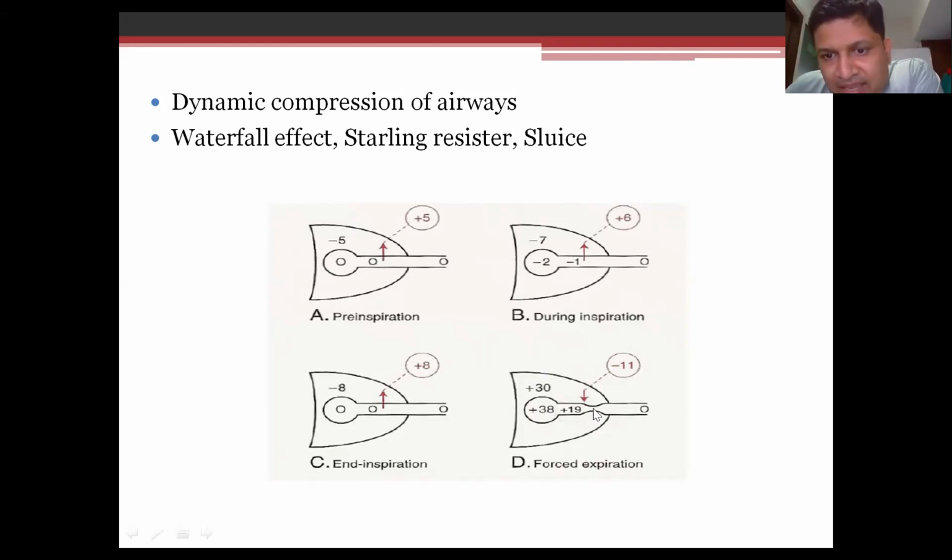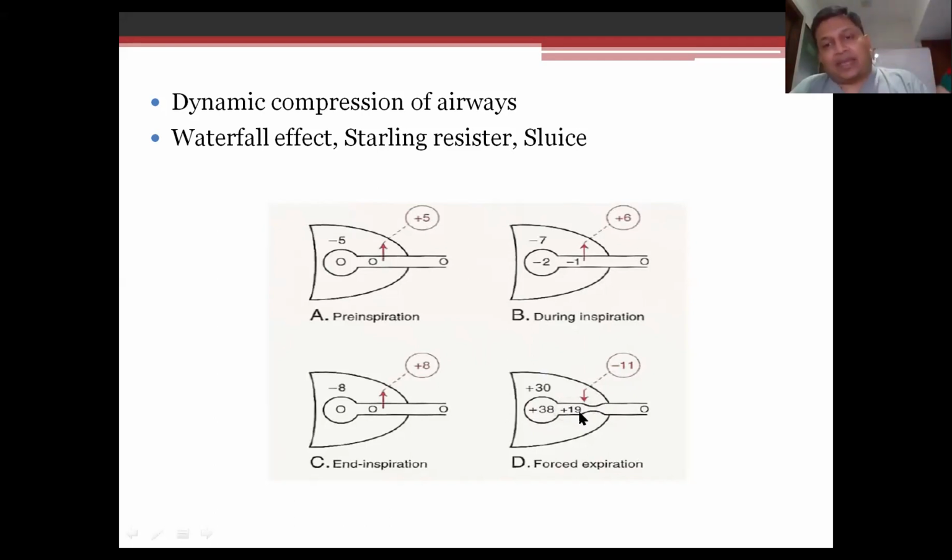So if your airway is collapsible or obstructive lung disease is there, which decreases the pressure gradient in this part, there is a negative transmural pressure, so your airway will collapse. Why are we discussing this so much?